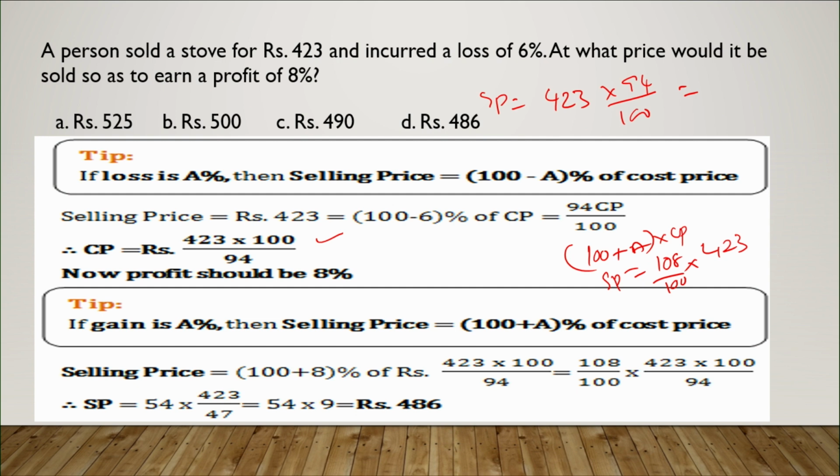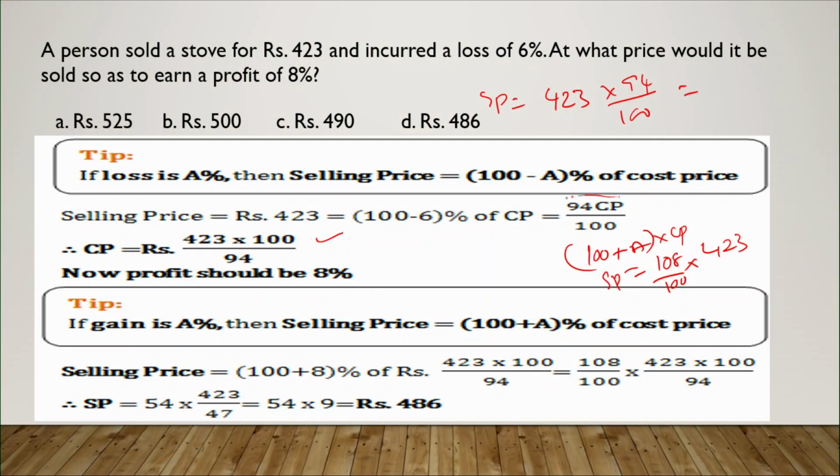Clear? So, you can calculate this value. The very important thing is that the cost price is 423 by 94 into 100, so it is 108 by 100 into 423 by 94 into 100.